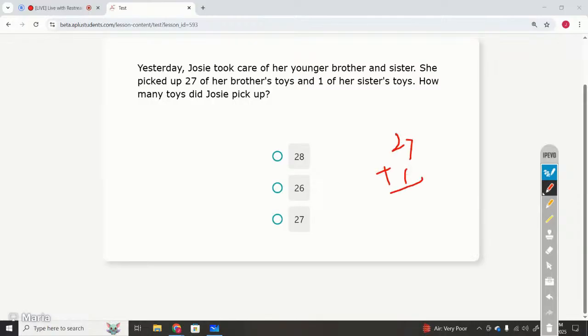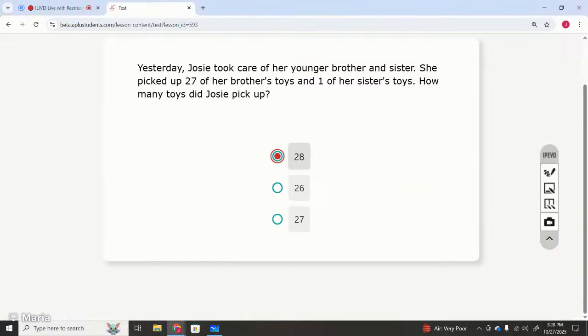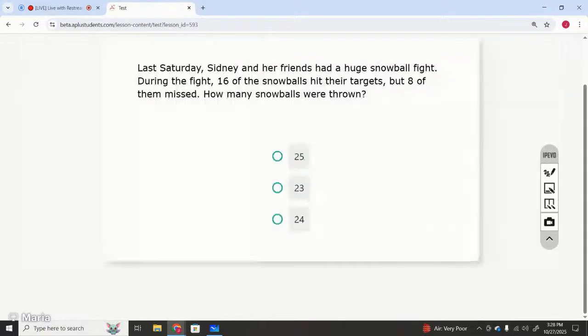So, 27 plus 1 makes 28. Option number 1 is the correct option. Very good.